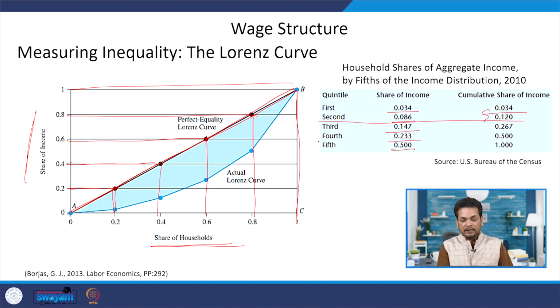The cumulative income share up to the fourth quintile is 50% of the income, which means 80% of the people are just having 50% of the income share, and the top 20% of the people are having another 50% of the income share. So, the line from A to B is called the perfect equality Lorenz curve.